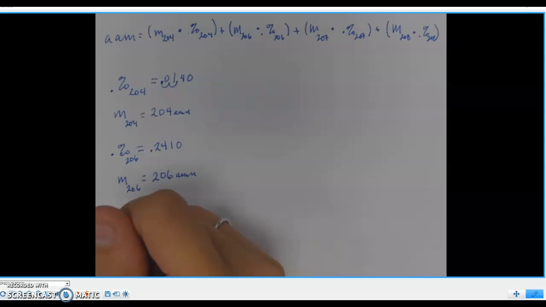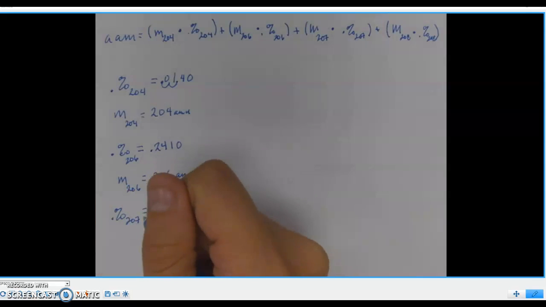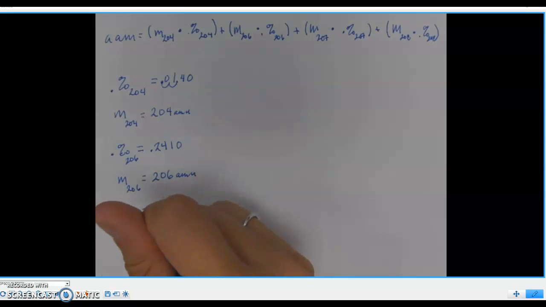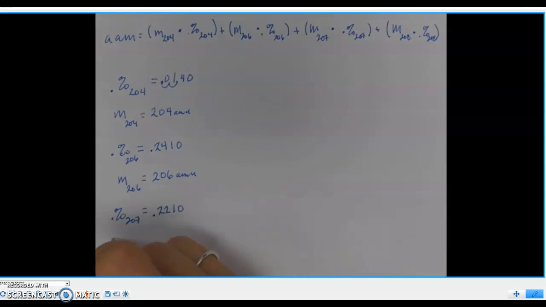And then the problem goes on to say that 22.10% of all lead atoms are lead-207. So 207 has an abundance of 22.10%, and I'll move that decimal to the left 2 times. So it'll be 0.2210. And the mass of 207, we're going to say is 207 AMU.